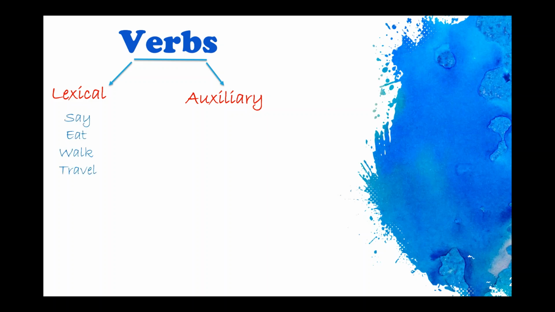Lexical verbs include verbs such as the ones that you can see in front of you: say, eat, walk, and travel. Auxiliary verbs, on the other hand, could also be divided into two types: primary auxiliary verbs and modal auxiliary verbs. The primary auxiliary verbs include do, have, and be.